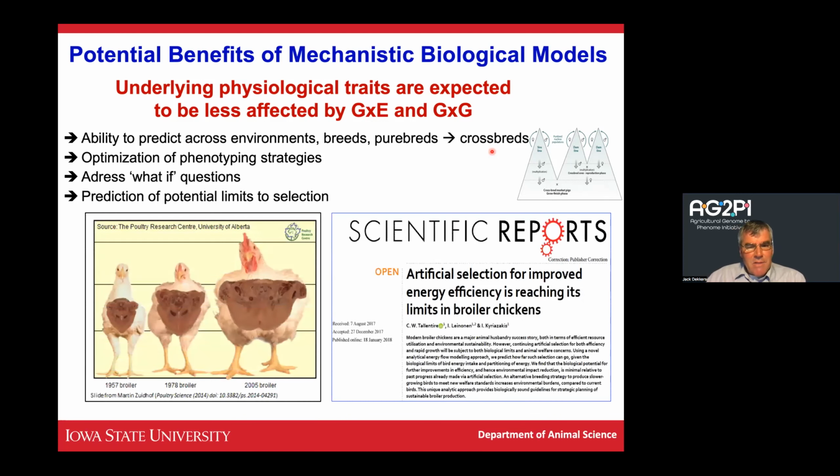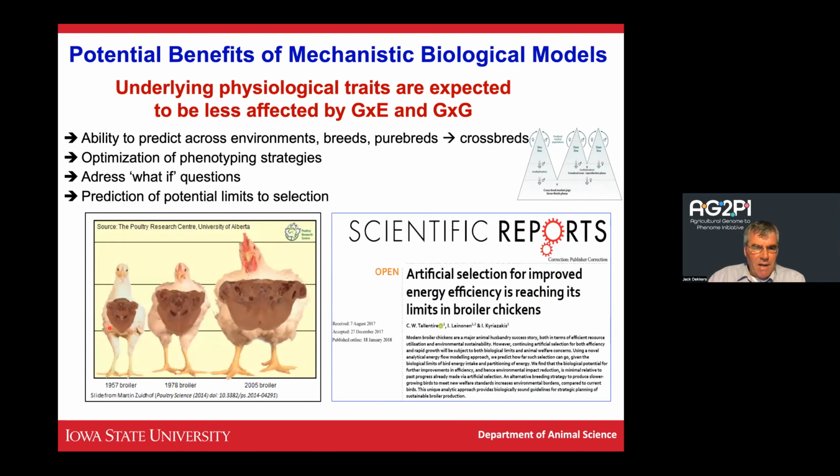And I say that there's no evidence that we are reaching limits. This is an example in broilers, in chickens, 1957 genetics and 2005 genetics. And these birds, they're all 7 weeks old. So huge, and a lot of this is due to genetic improvement. So huge improvement has been made over the past decades, but there's concerns, well, are we reaching limits?